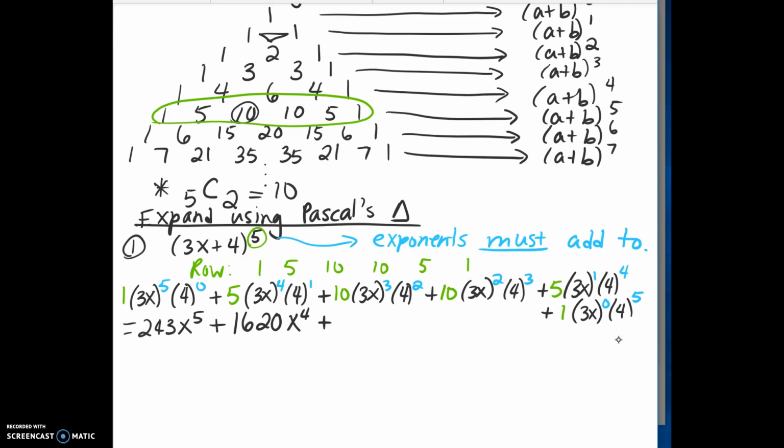But next one you would do 10 times 3 cubed times 4 squared. And you just have to make sure you're very meticulous when you are plugging this stuff in or doing simplifying that maybe you can't plug it all into the calculator at once.